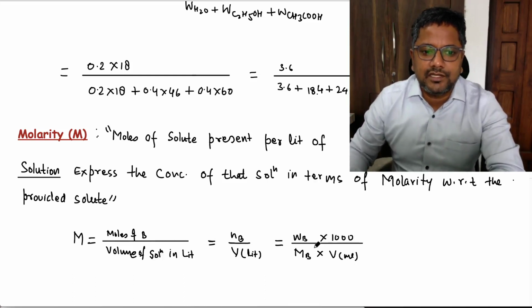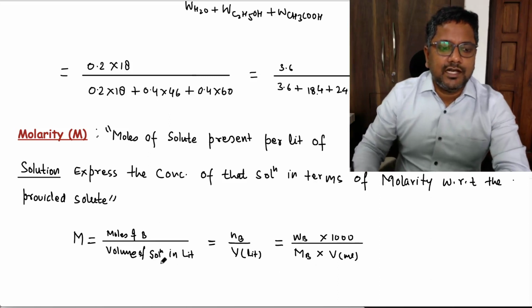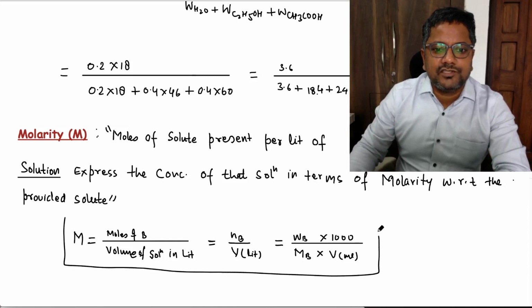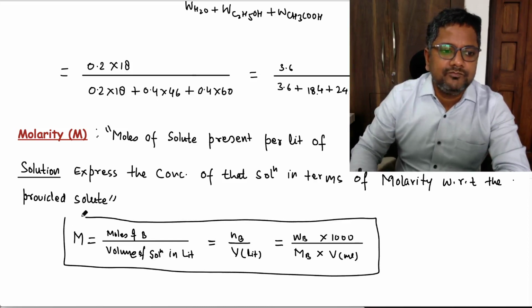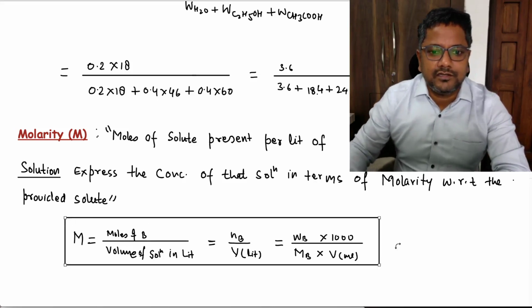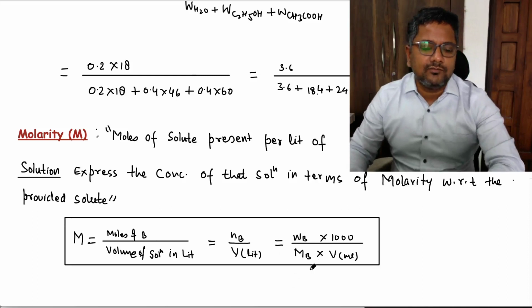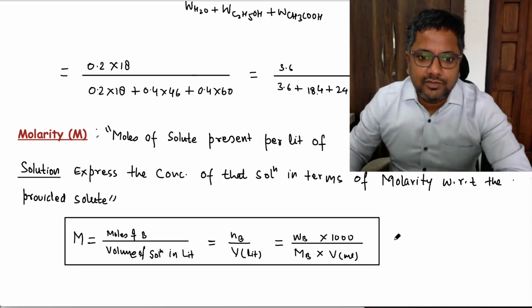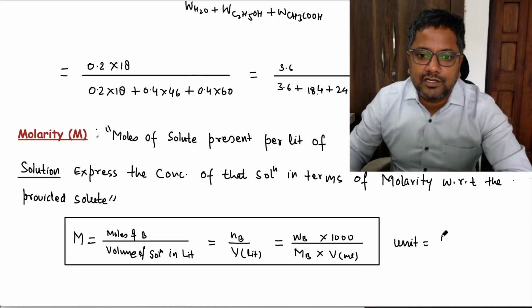So now this is liter. These are different expressions; basically the formula is the same but written in different terms for molarity. And what is the unit for this molarity? The unit is moles per liter.